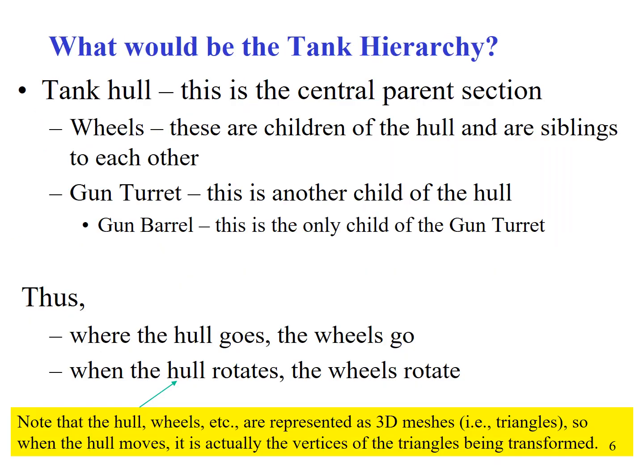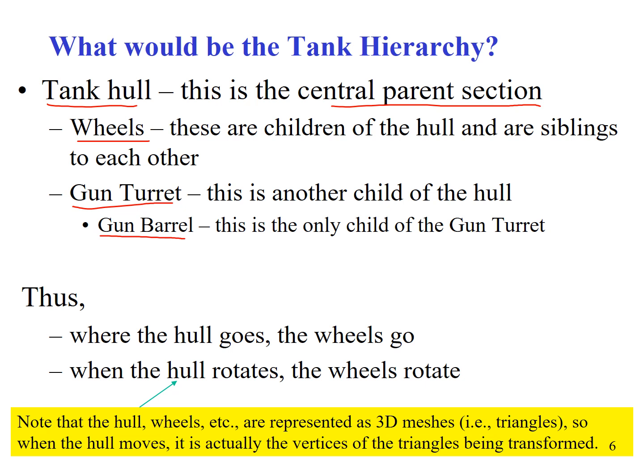What would be the tank hierarchy? Recall your lecture on hierarchy. We'll have a tank hull. This would be the central parent section. We'll have wheels. These are the children of the hull and are siblings to each other. We'll have a gun turret. This is another child of the hull, which has yet another child, which is the gun barrel, and that is the only child of the gun turret.